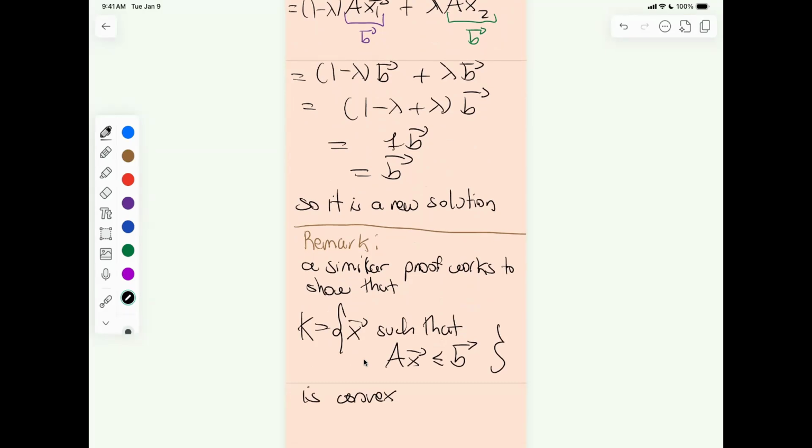This is more important because this is the way in which we were writing the inequalities for the optimization problems.